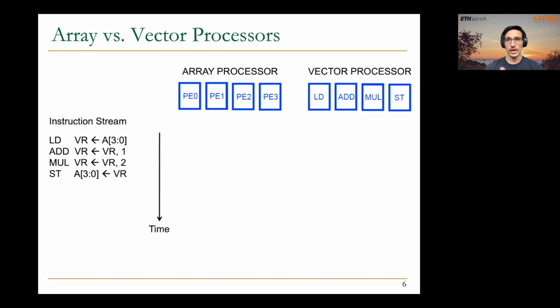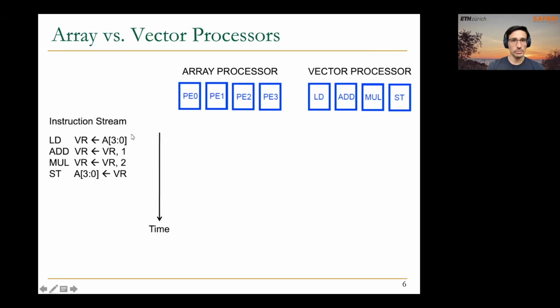We are going to see a clear example with this toy representation of an array processor and a vector processor. On the left-hand side, you can see our first vector program or SIMD program composed of 4 instructions: a vector load, vector add, vector multiplication, and vector store operation.